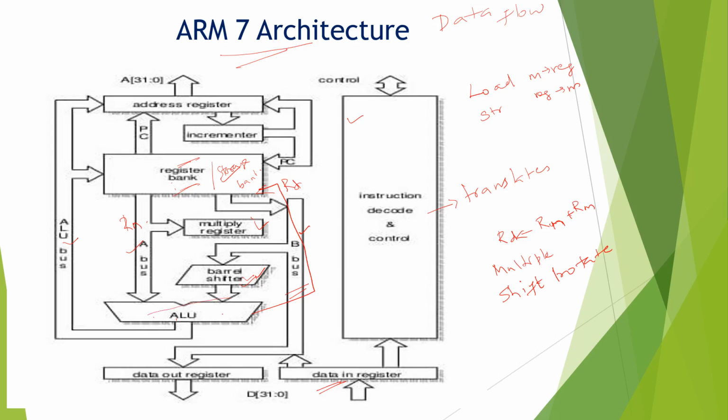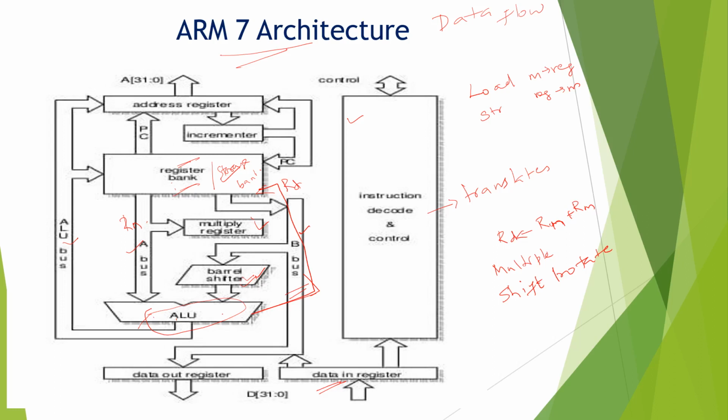Both will undergo the opcode operation, and finally the result will be stored in the destination register. So now we can understand what is the use of the barrel shifter. The barrel shifter is used to do shift and rotate operations.